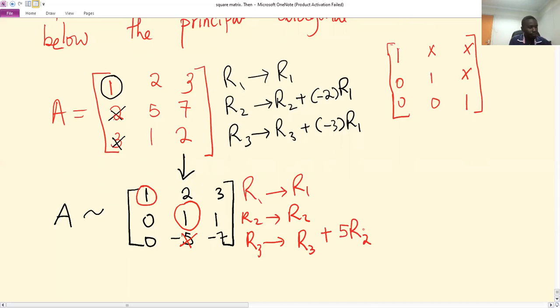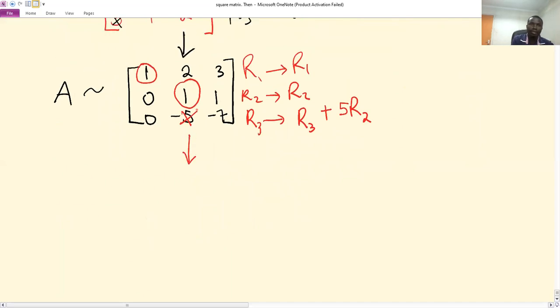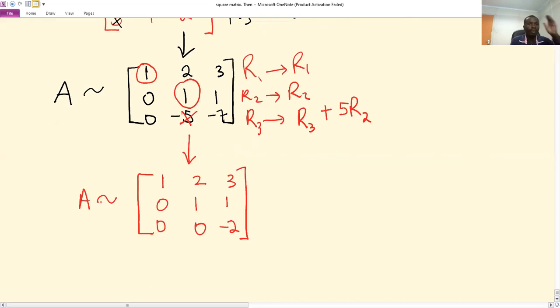This matrix will be transformed into 1, 2, 3, 0, 1, 1, 0, 0, and -7 plus 5 times 1 is -2. So A is equivalent to this.